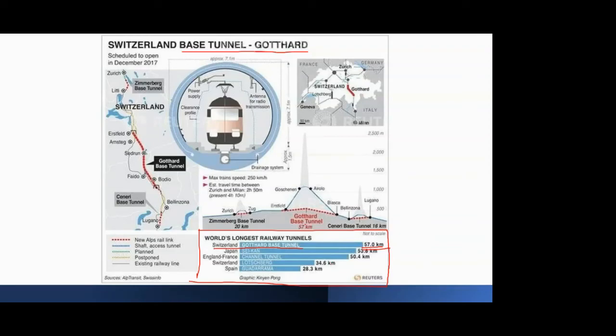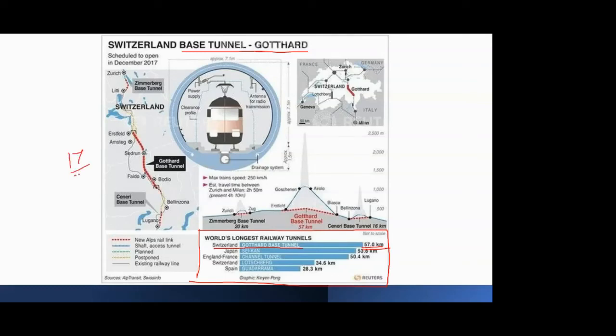This Gotthard Base Tunnel, as the name goes, is a base tunnel, so it is constructed at the base of one of the mountain ranges. You must have heard of the Alps, which is there in Switzerland. So in one of the areas, you have this Gotthard Base Tunnel, and the peculiarity is, as it is the longest, it was also the most difficult to construct, and it took almost 17 years.